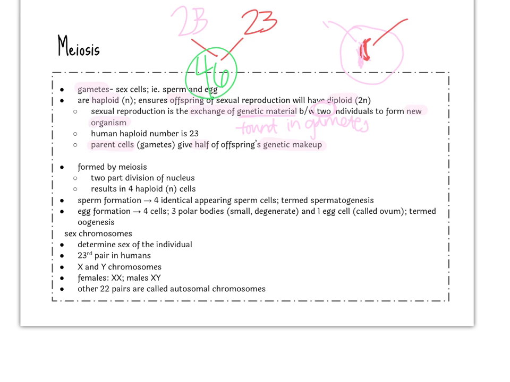And these sex cells are formed by meiosis, which is kind of like mitosis, but a bit different. So instead of just going through PMAT once, it will go through PMAT twice. So the nucleus divides two times, so that it results in 4 haploid cells.